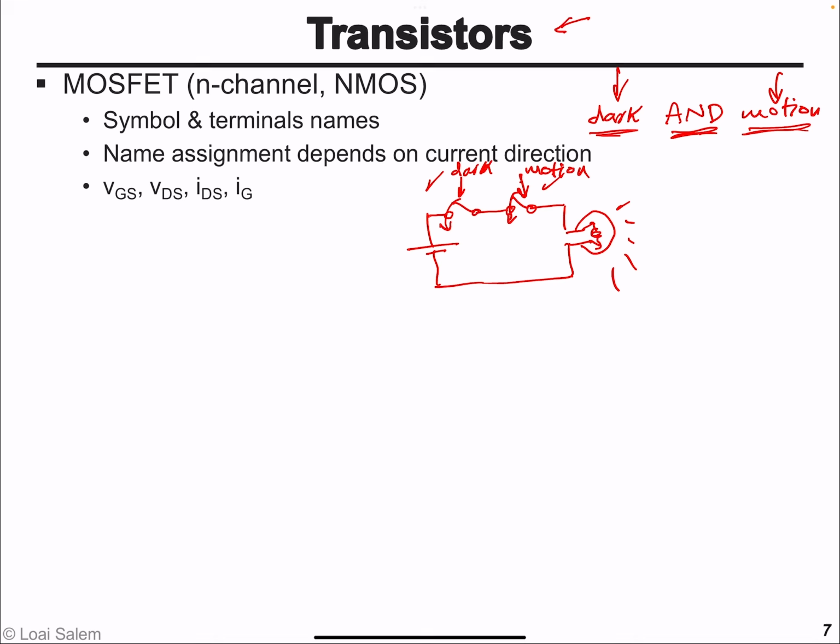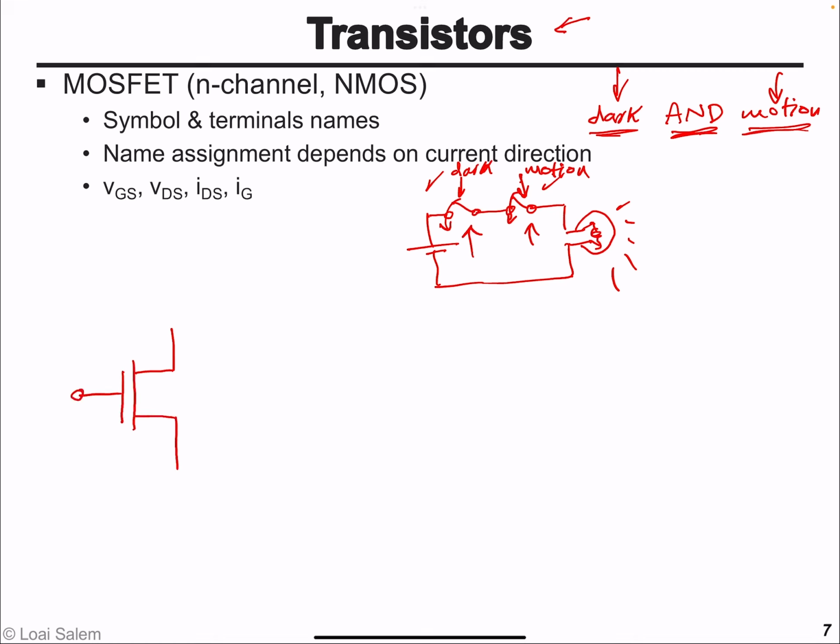So the question now is how to realize these switches. Of course, you can use a relay, but nowadays a better way to realize a switch is using a transistor. The symbol for a very simple transistor is as shown here.